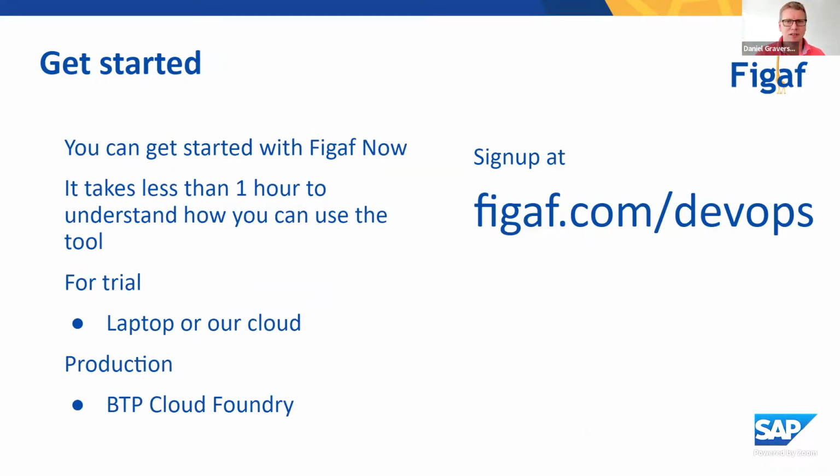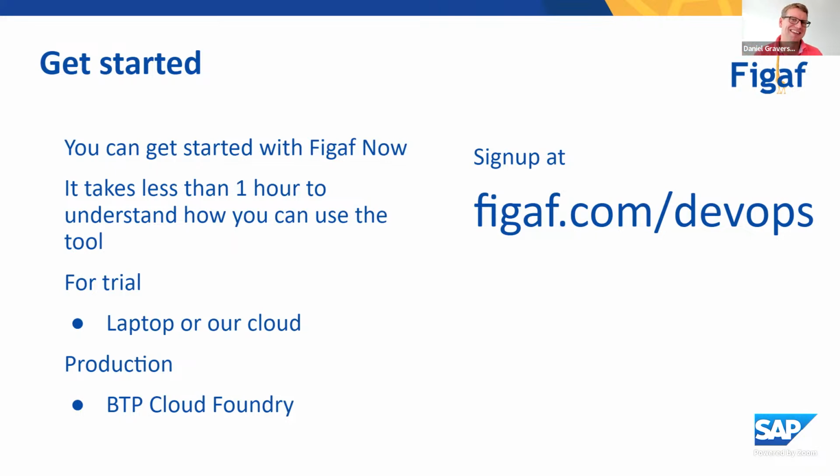It is pretty easy to get started. You can do a proof of concept in an hour: install the tool on your laptop or wherever you want, run it, connect it to a CPI system, create a transport, create a test case, run it, and see how this can improve the way you're delivering integration.